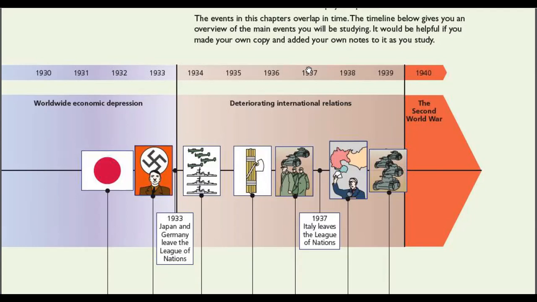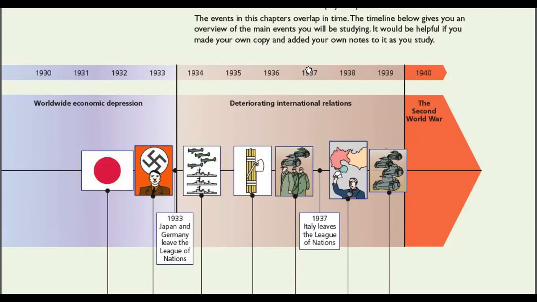From 1930 to 1933 was the worldwide economic depression. From 1934 to 1939, deteriorating international relations. Together they relate, meaning if there was war, who will fight.